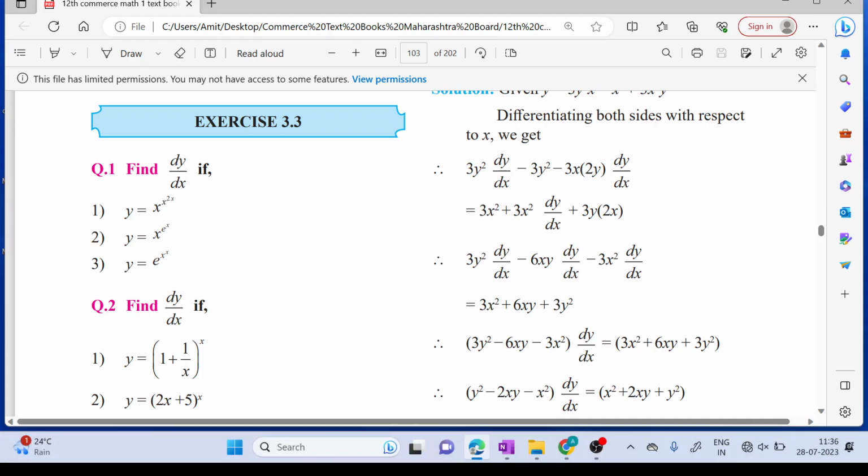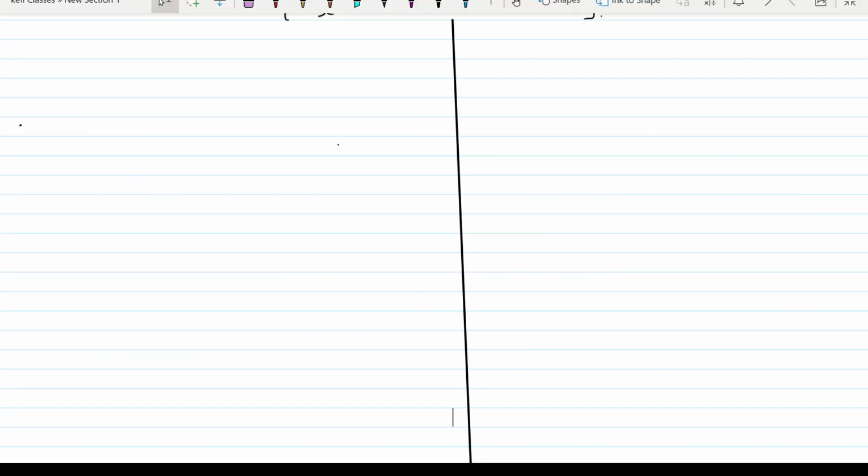So now the next one is y is equal to e raised to x raised to x. Third one, y is equal to e raised to x raised to x. Now in which form is this actually? If you see the form, it is e raised to f of x. Sir, the question is x raised to e raised to x?